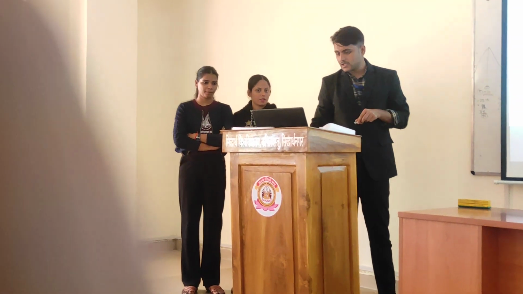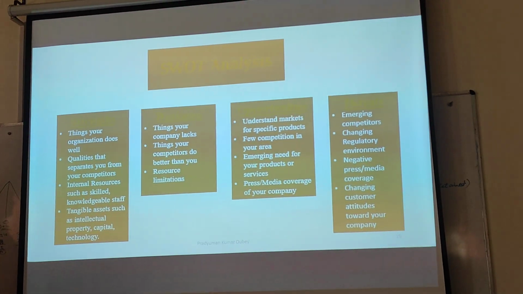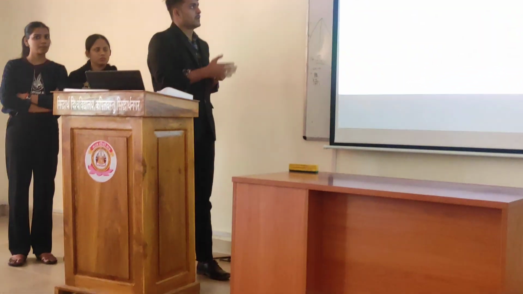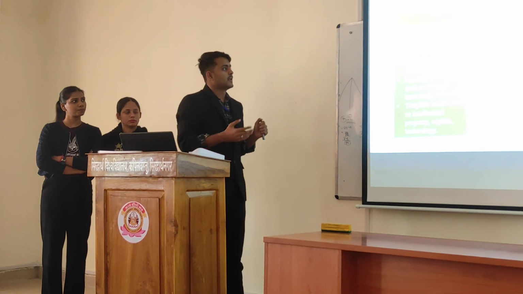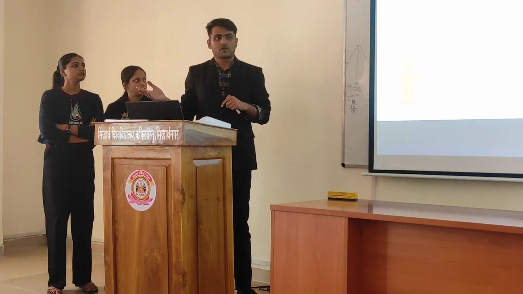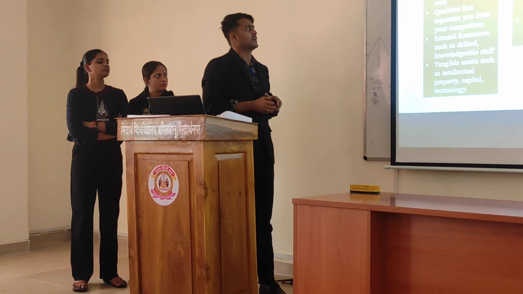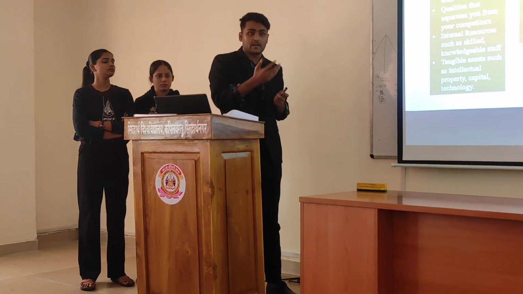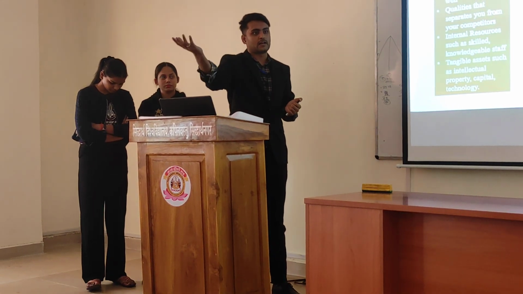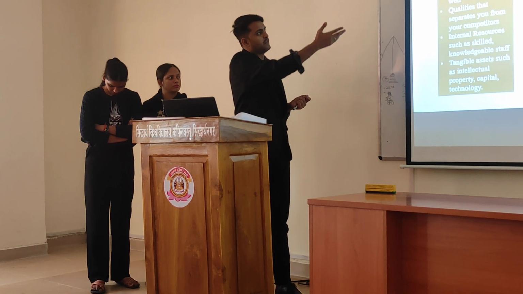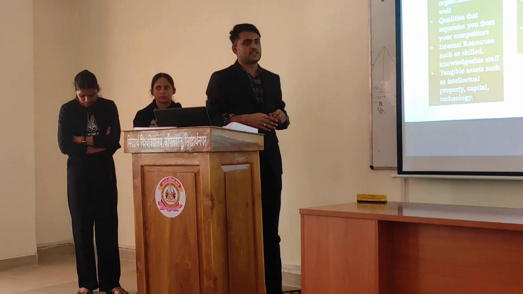Number 3 is SWOT analysis. SWOT analysis is basically strengths, weaknesses, opportunities, and threats. In this analysis, decision makers talk about their own strengths, their own weaknesses, what the opportunities in the market are, and what the threats in the market are. Strength is like how the organization is stabilized, how it is different from other organizations, etc. Weaknesses are like what we are lacking, what things we do not have in our business.